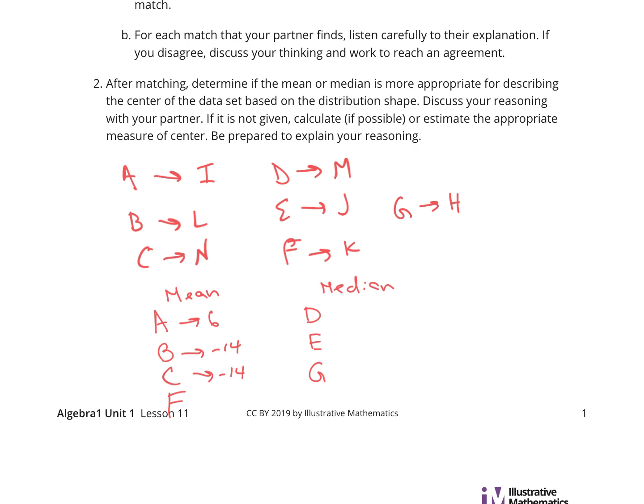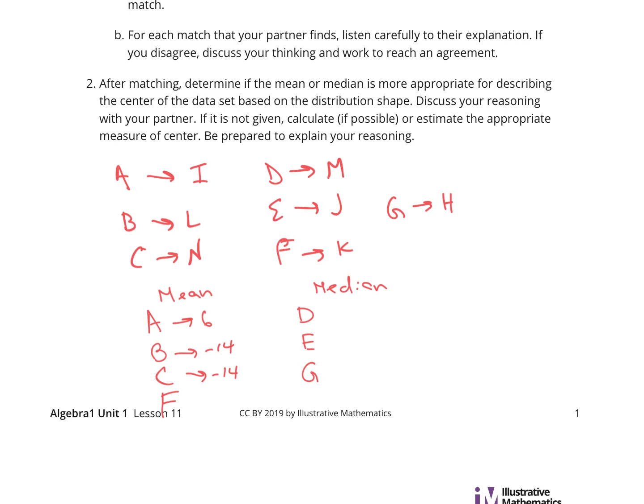Taking a look at F, it says the median is -14. What we know about symmetric data is that the mean and median are the same. So that tells us that the mean is also -14.